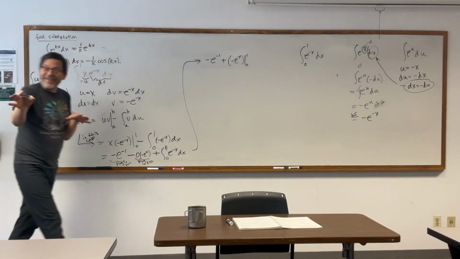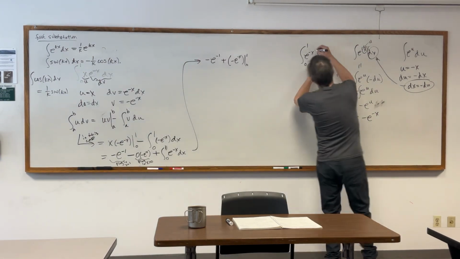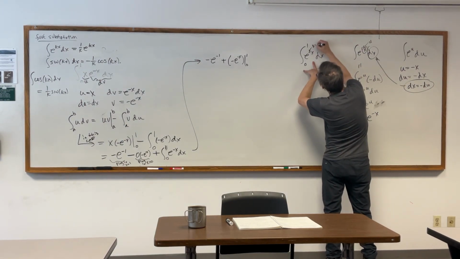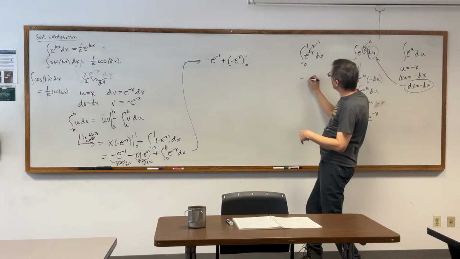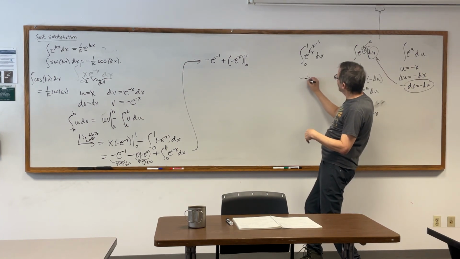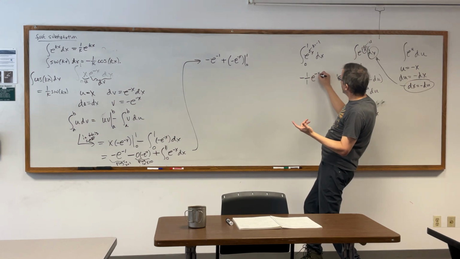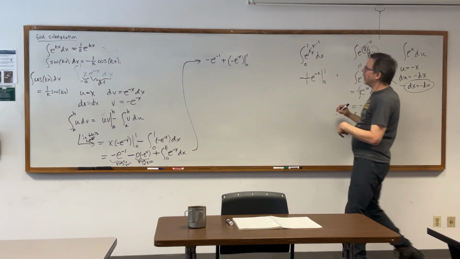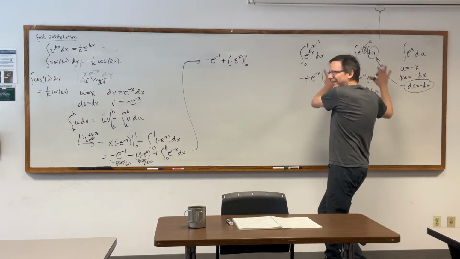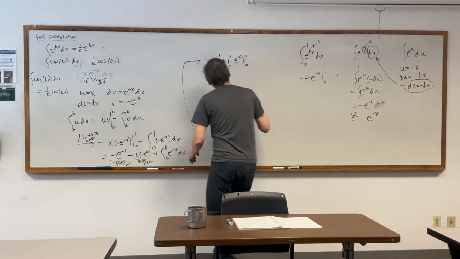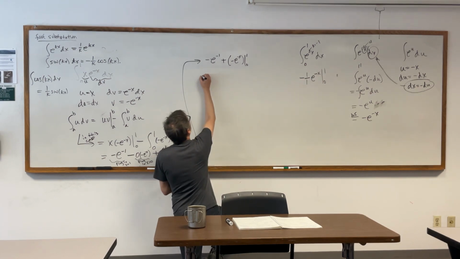So in that case, I could have just looked at this one and realized k was negative 1, right? And then I go, oh, okay, so that's just negative 1 over 1 e to the negative x from 0 to 1. And it's a lot faster, right? You don't have to do all this nonsense. It's not nonsense, it's just a little bit of overkill.